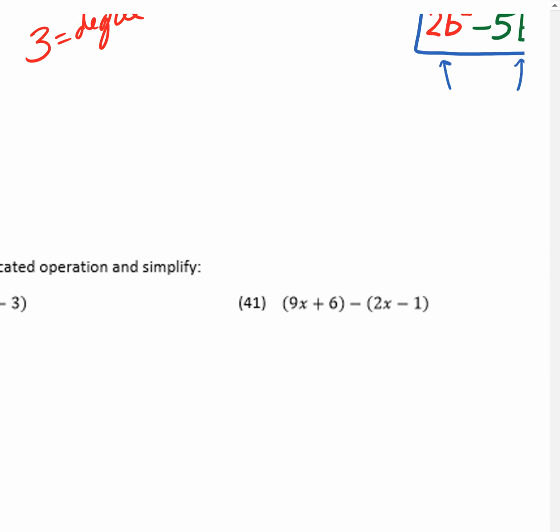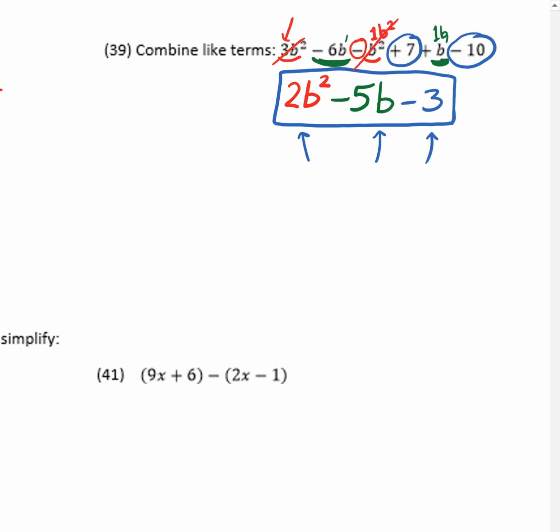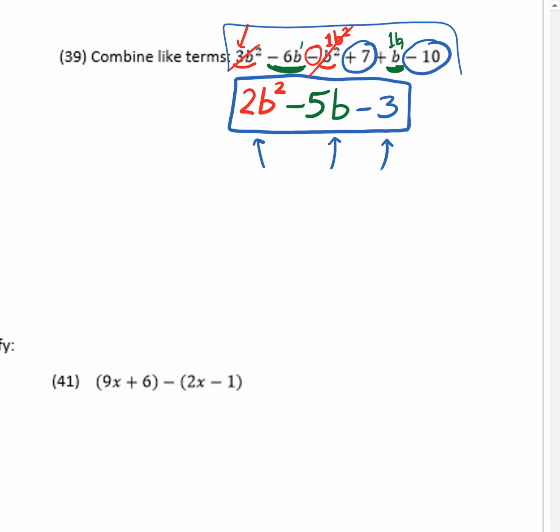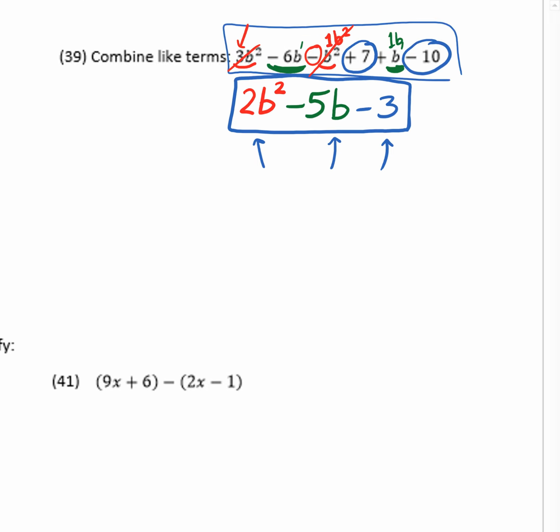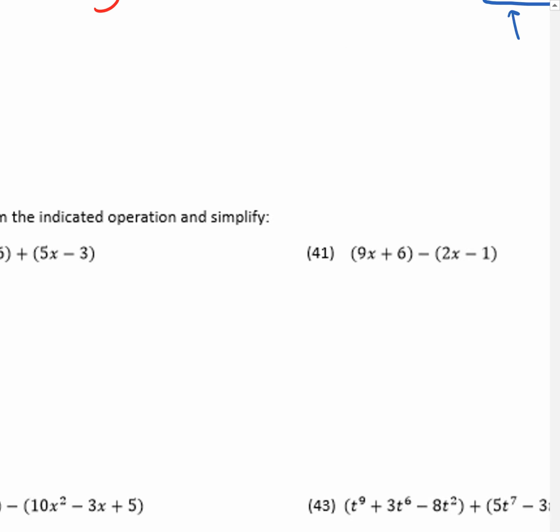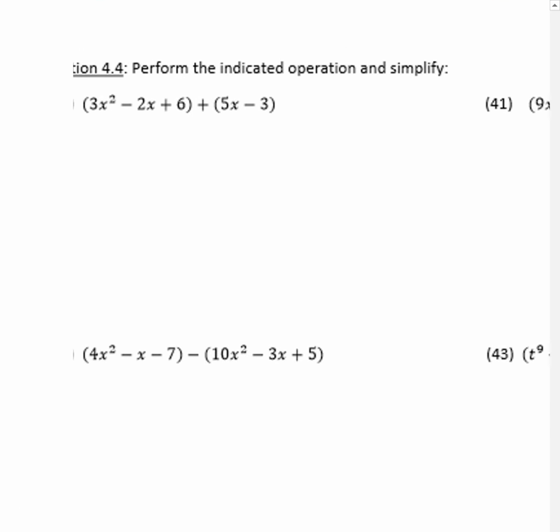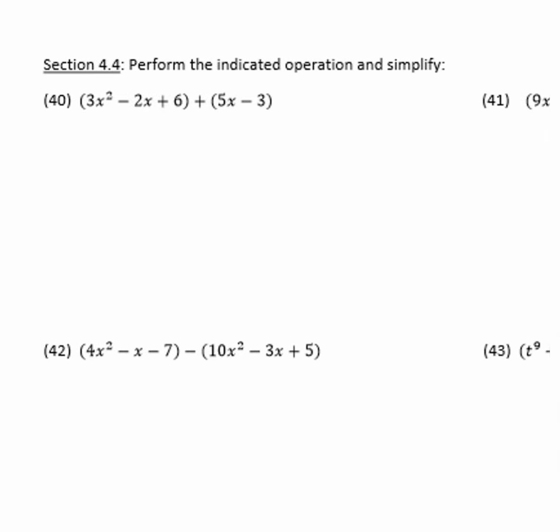I think in section 4.3, looking at the problems we had here, it all started as one big polynomial, with all these terms mixed up, some of them like, some not like, but it all started as one polynomial. And in section 4.4, they're giving us 2 or 3 separate polynomials, and that's what the parentheses indicate.